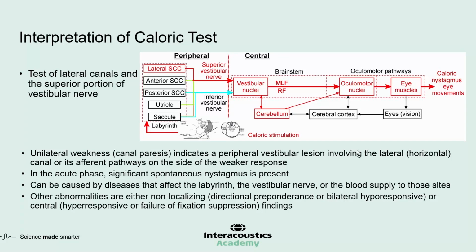Other abnormalities, for example, directional preponderance, bilateral weakness, hyperactivity, failure of fixation suppression, these are actually not peripheral findings. They're either non-localizing or in other cases they are central findings.